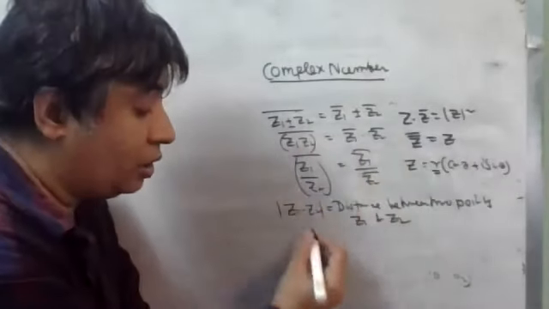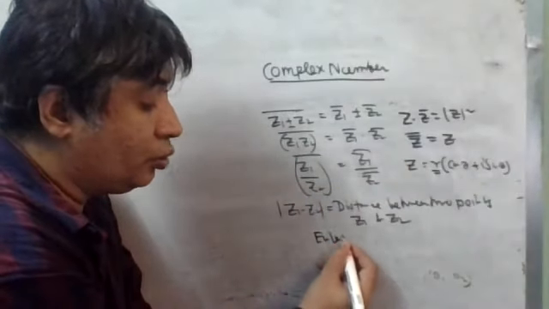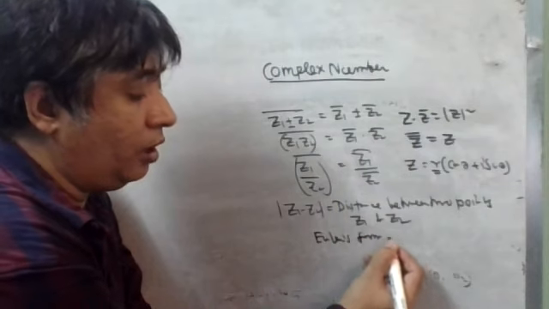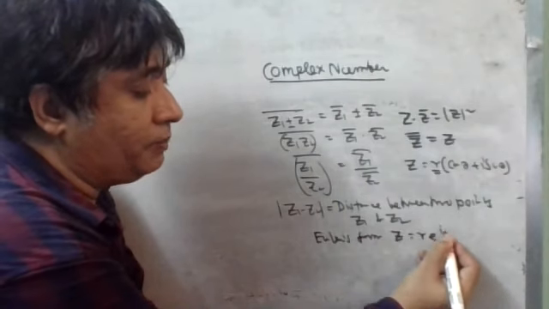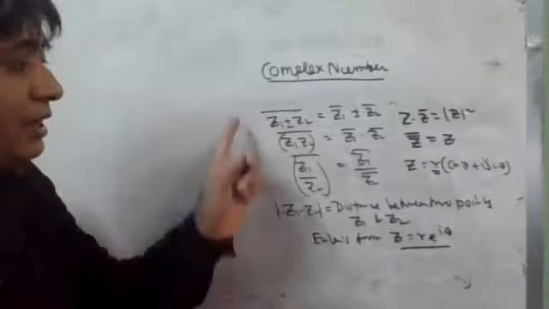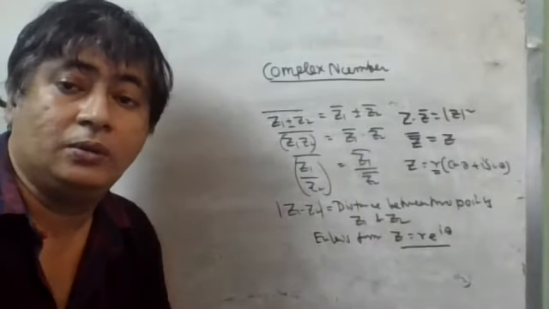Today we have got Euler's form of a complex number, r e to the power i theta. So these are taught till now.